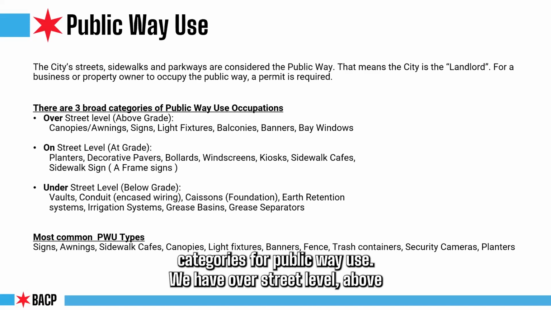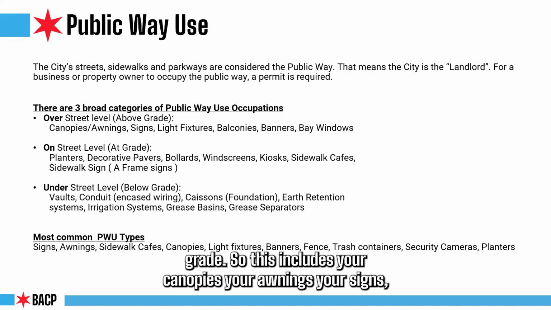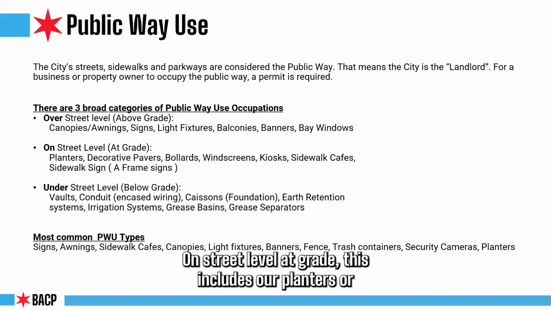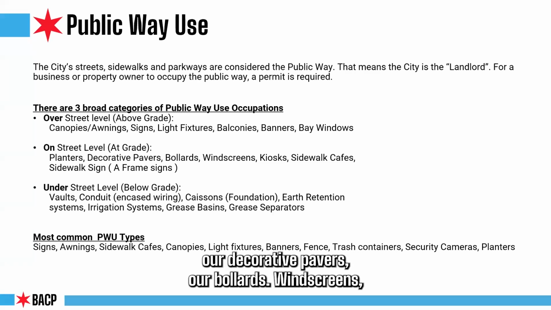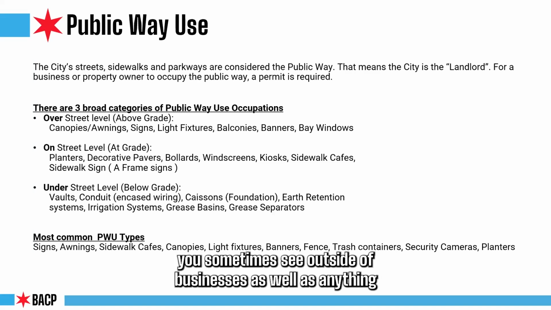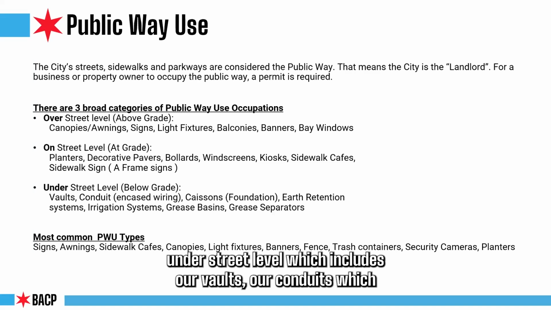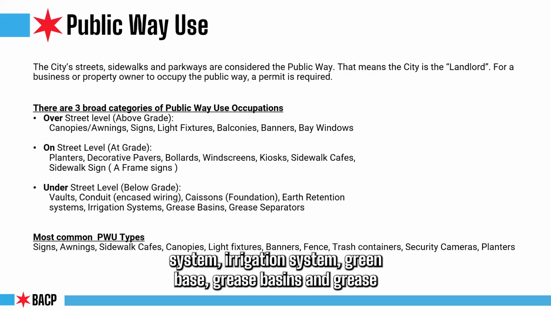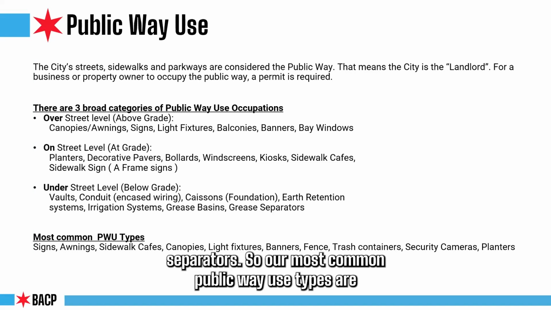We have over street level, above grade. So this includes your canopies, your awnings, your signs, your light fixtures, balconies, banners, bay windows. On street level, at grade, this includes our planters, our decorative pavers, our bollards, windscreens, kiosk, sidewalk cafes, sidewalk signs, those A-frame signs that you sometimes see outside of businesses, as well as anything under street level, which includes our vaults, our conduits, which is encased wiring, caissons, foundation, earth retention system, irrigation system, grease basins, and grease separators.